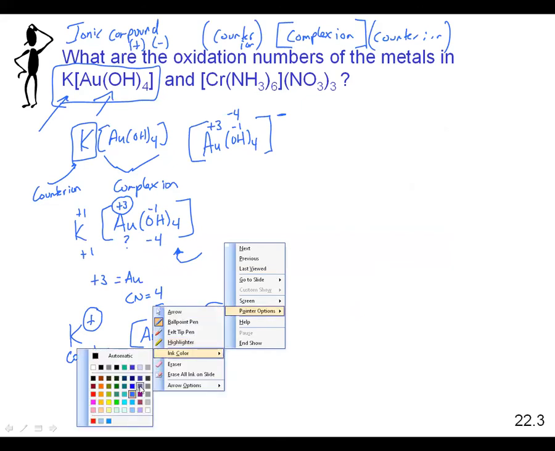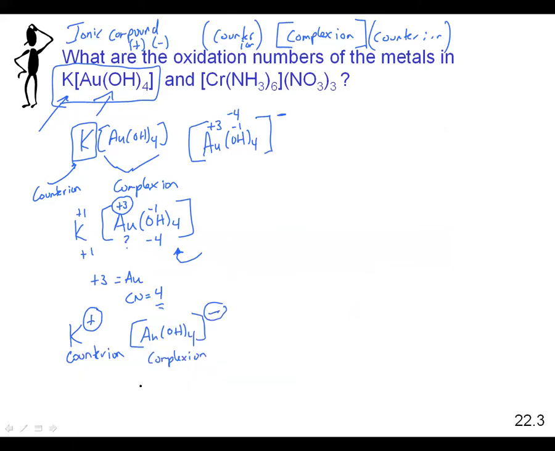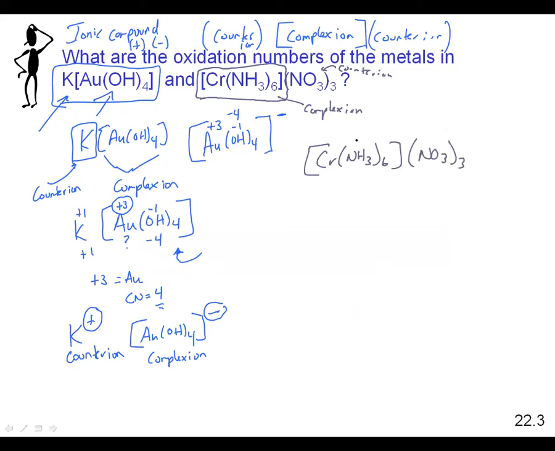Now, if we look at our second one here, this part is going to be our complex ion, and this is going to be our counter ion. So if we pull it down here, looking at our NH3, it is 0.